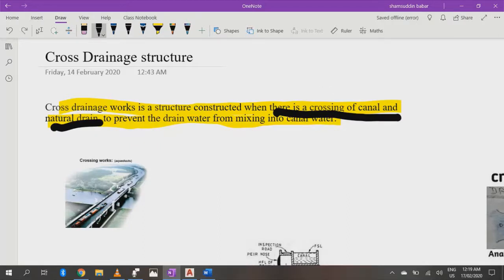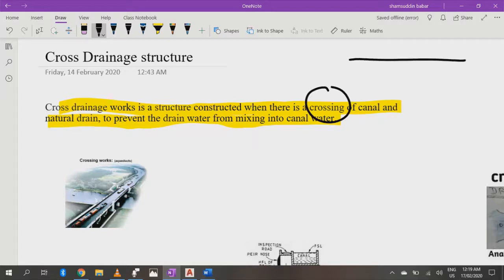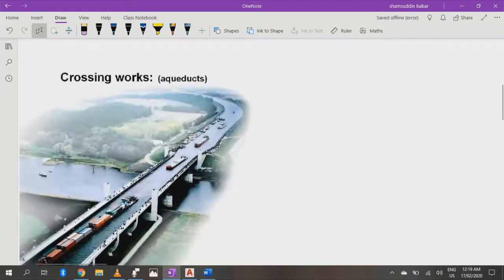Whenever there is a crossing of two water lines, for example, this is one water line flowing in this direction and this is another flowing in this direction, there is a cross section, and at this point we provide a cross drainage structure.